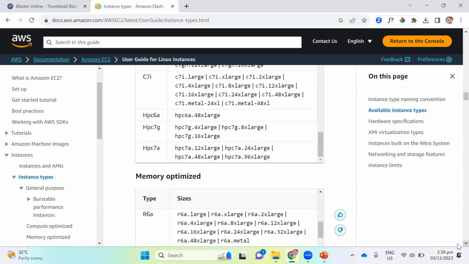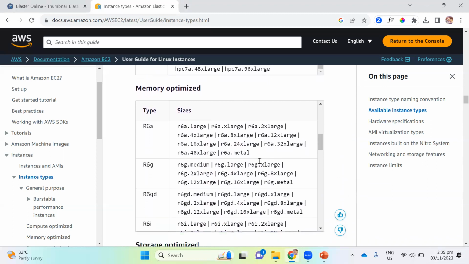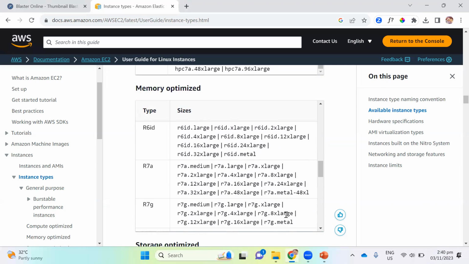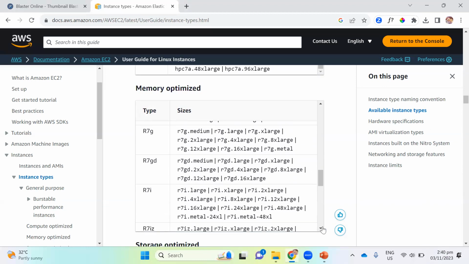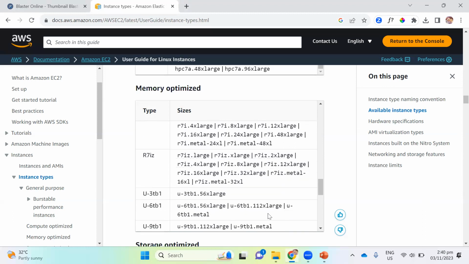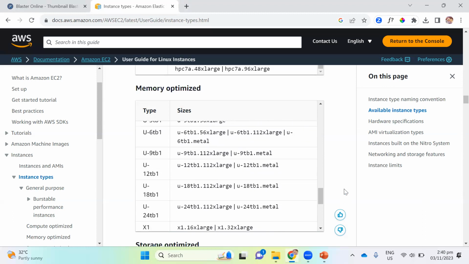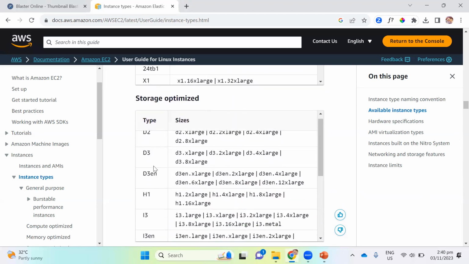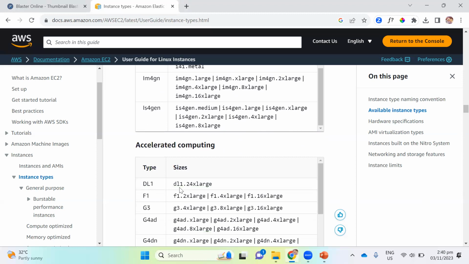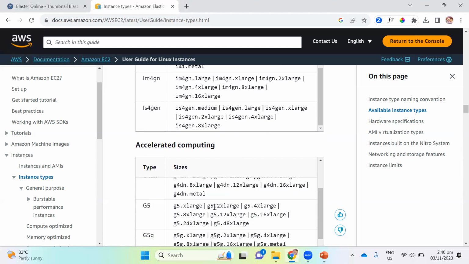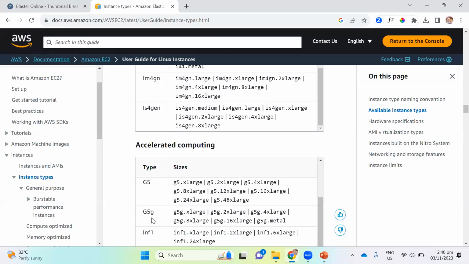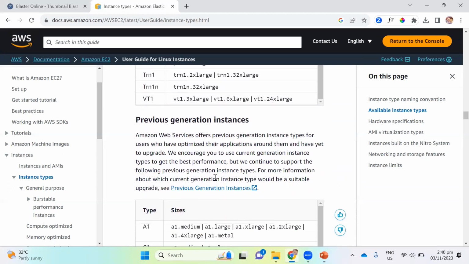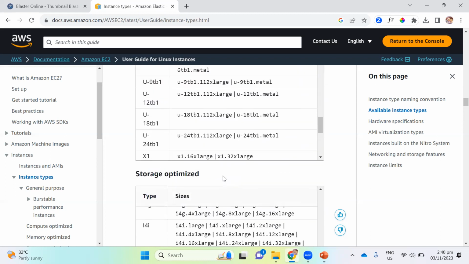Where it is used and all these things is not in the scope of this particular chapter. But it's good to understand how many types of instances we have and how they can be used. For example, we have storage optimized also, starting with the options D2, D3, all these things. Then accelerated computing, this is starting with G and all these things, right? So this is what we need to understand on a high level.